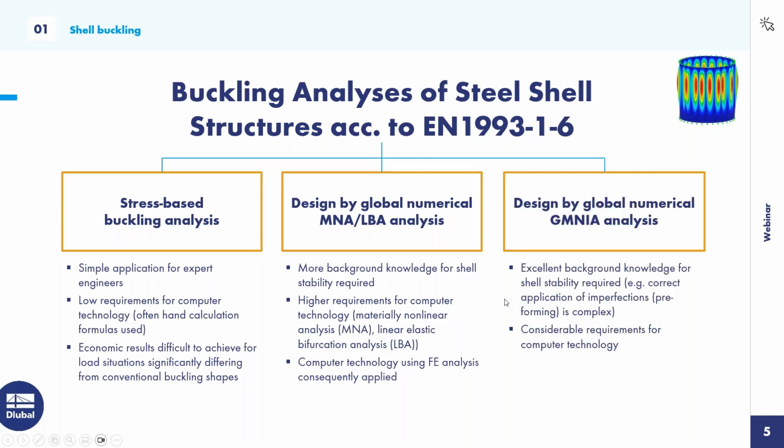Okay, and the third possibility is the design by global numerical GMNIA analysis, where excellent background knowledge is necessary. You must apply the imperfections correctly. And for the computer technology, there are considerable requirements. It's no problem for RFEM 6, of course.